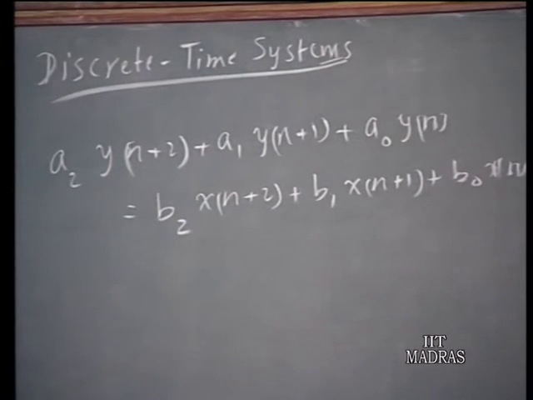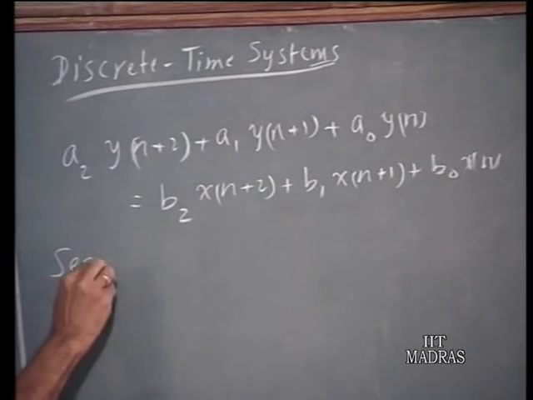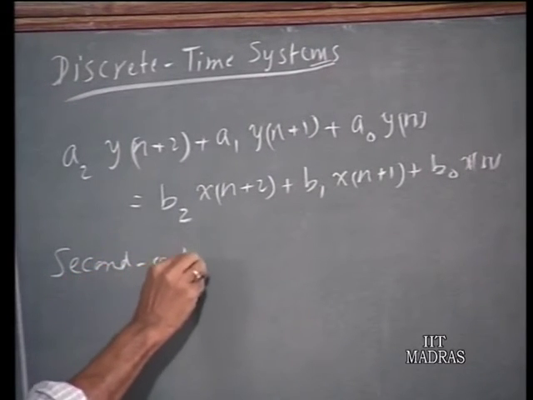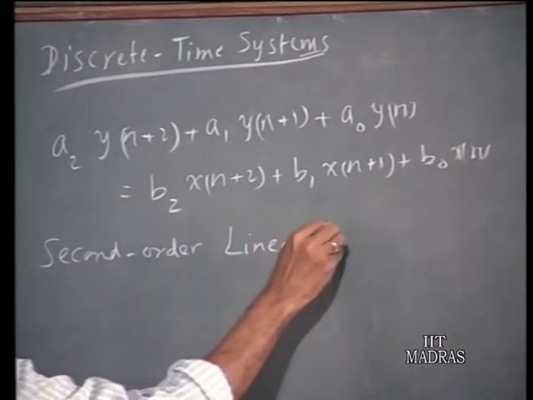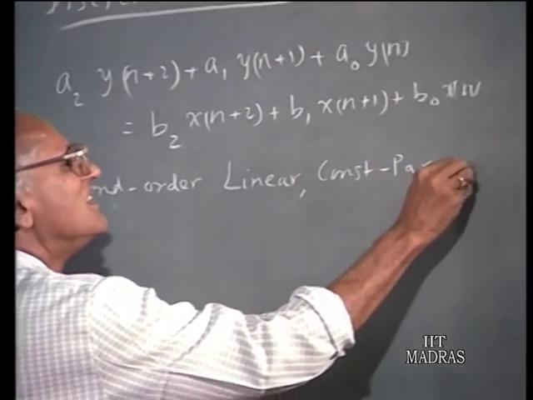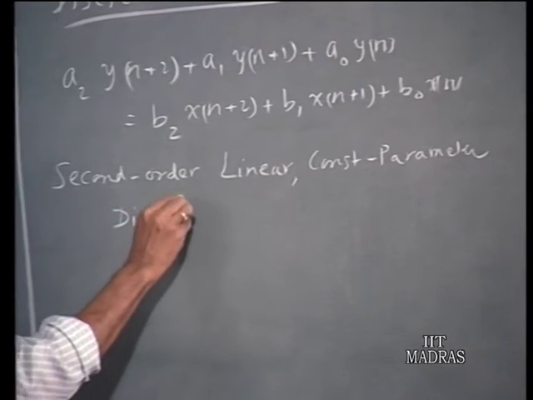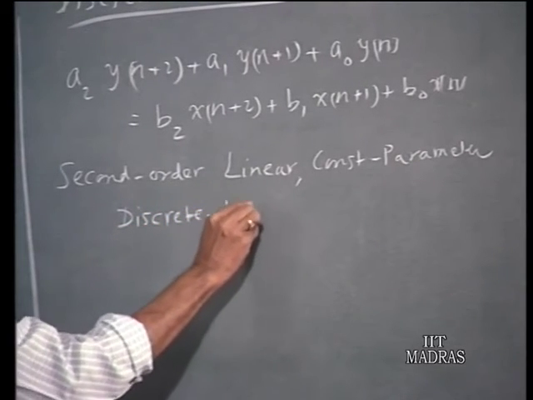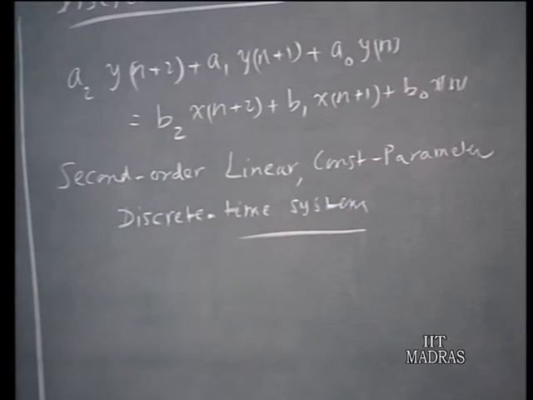Now, this is a second order discrete time linear constant parameter discrete time system. What we have studied earlier is a continuous time system; this is a discrete time system.